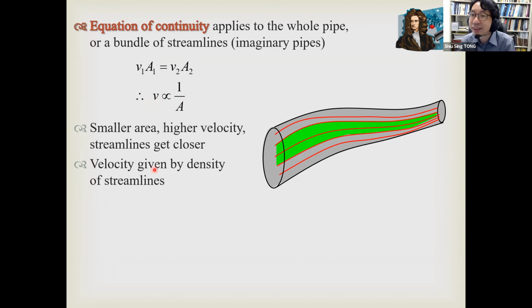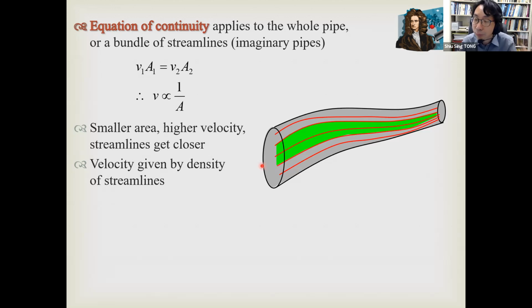So that means the streamline density expresses the velocity of a fluid flow. When the streamlines are getting wider apart, you have a small velocity. When the streamlines are getting close to each other, you have a high velocity flow. Okay, so there's a pictorial way to express the velocity.